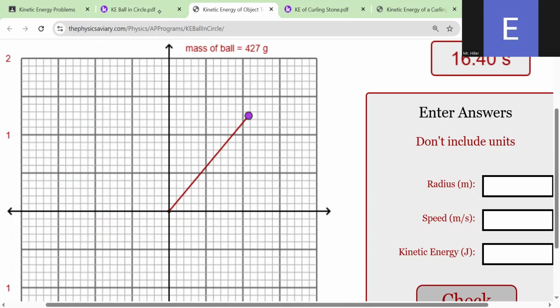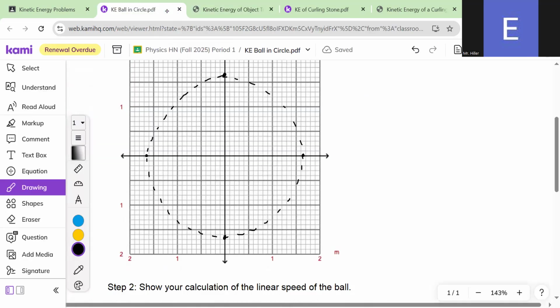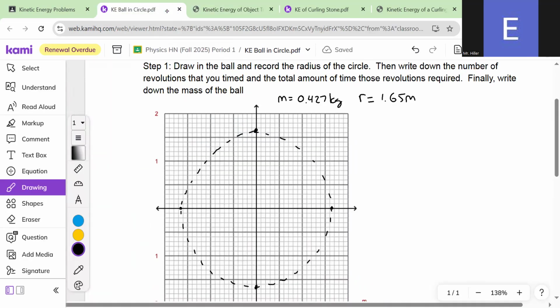Okay, so I'm going to go about 16.1. My time for 10 revolutions is about 16.1 seconds, which means my period would be 1.61 seconds, right? You just move the decimal once to the left. Why? Because you're dividing by 10.